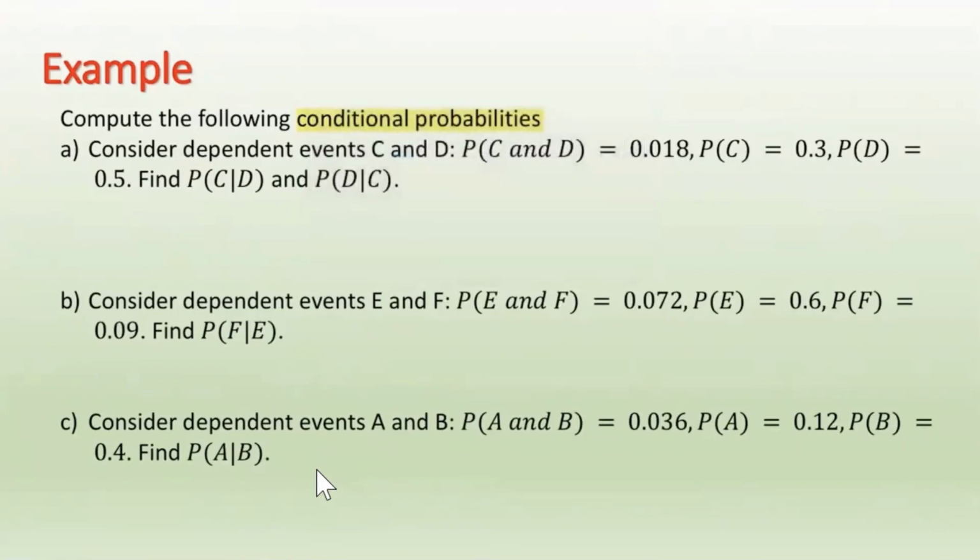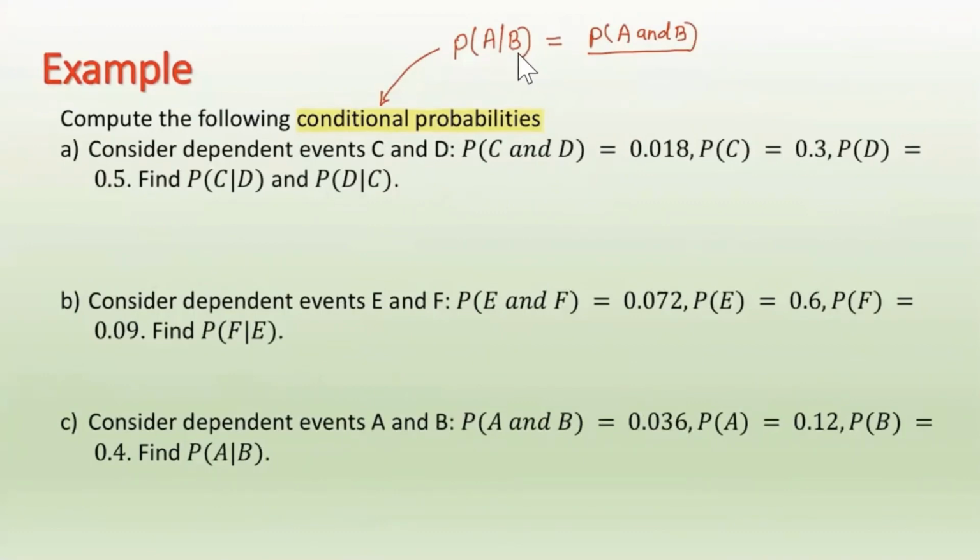If you remember, the conditional probability of A given B is equal to, and we write that as a fraction, the probability of A and B, or B and A, which is the same thing. So probability of A and B, and we divide that by the probability of the second event.